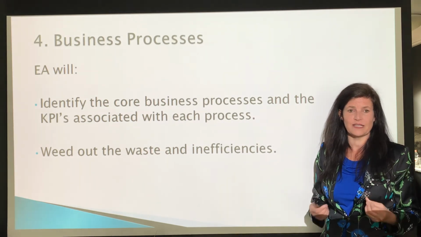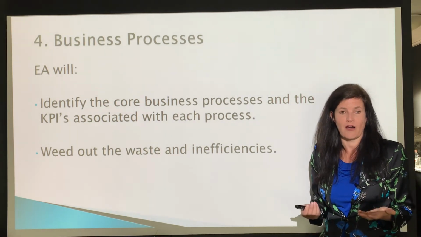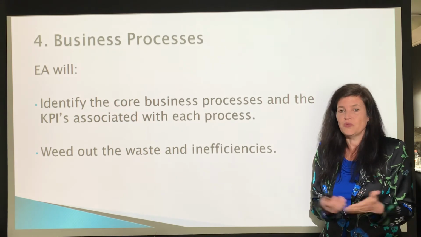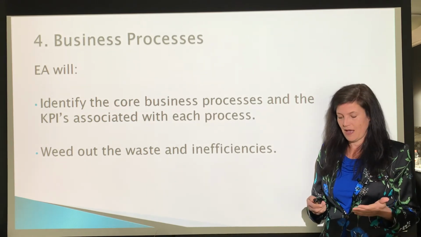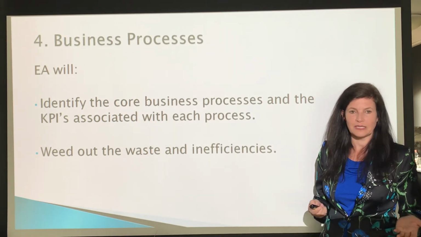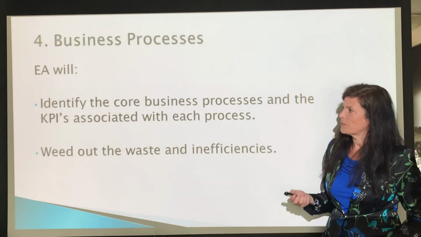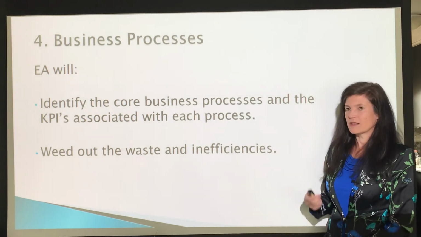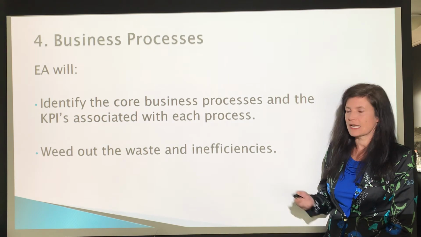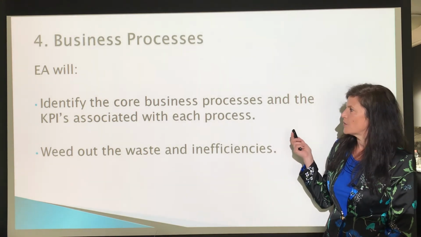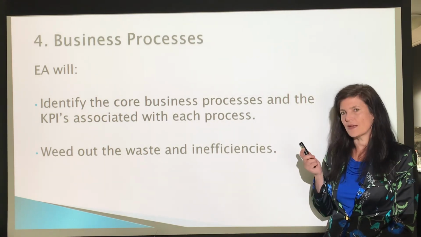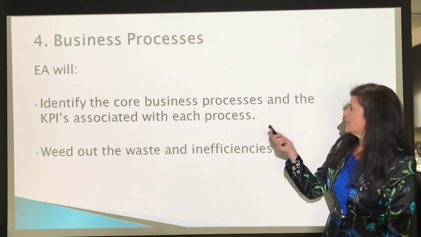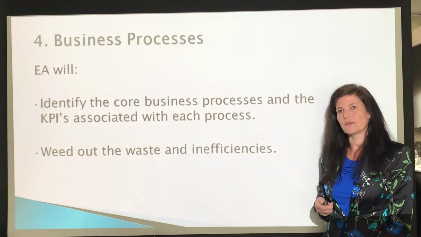Everyone in your organization should understand what they are, because they're doing them, or they're supporting them, or they're enabling them. So your EA practice, one of the first things it does is help identify each of these core business processes, and with them, identify key performance indicators.